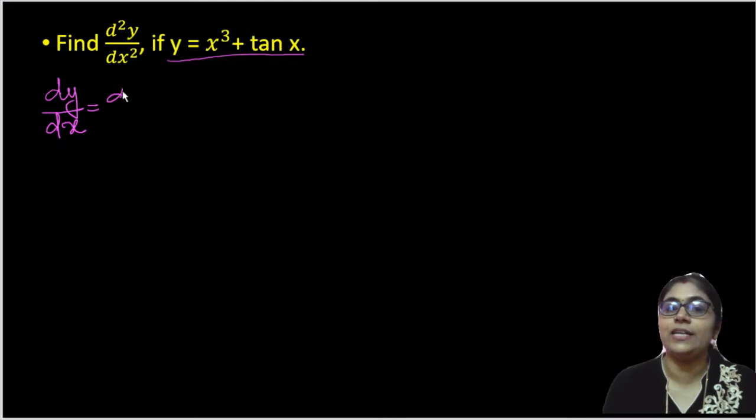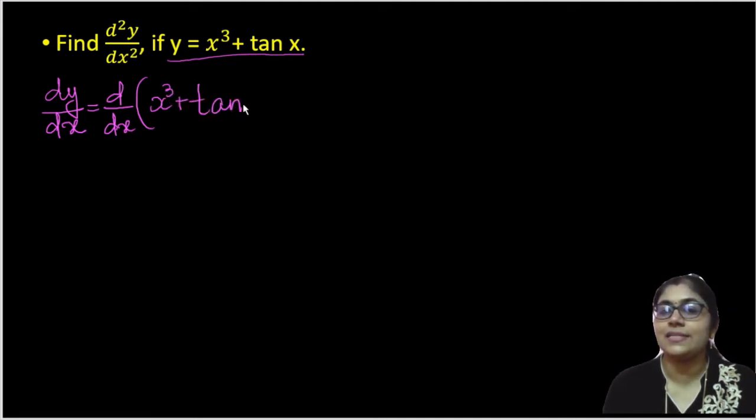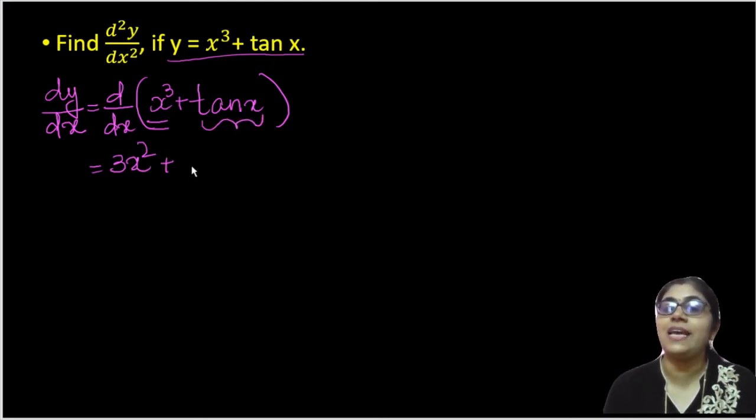This is equal to d by dx of x cube plus tan x. And what is the derivative of x cube? This is 3x square, plus the derivative of tan x, which is sec square x.